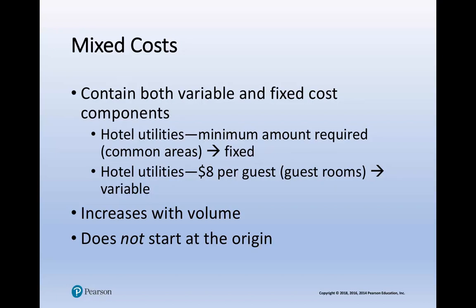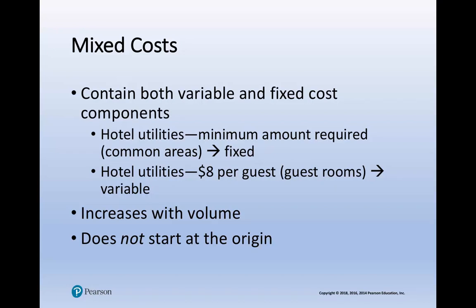If we have no guests, or just one guest, we still have to have that common area lit up. So we have a fixed component, but as we add more guests staying in more of our rooms, we have more additional costs associated with that.